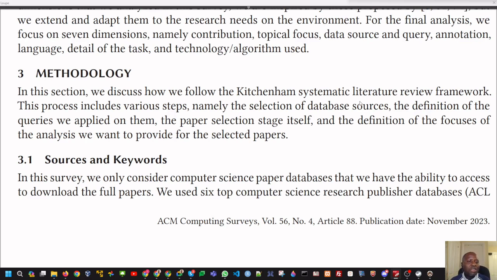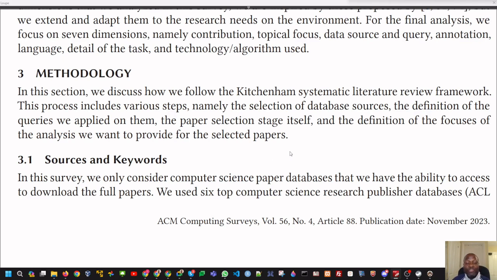But it includes, here they summarize Kitchenham, of course, the various steps. The first one being selection of database sources, and then the definition of the queries that you run on each database, and also the paper selection stage, and the definition of the focuses of the analysis. Of course, this is just an outline of that particular methodology.